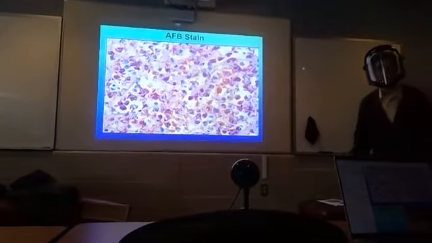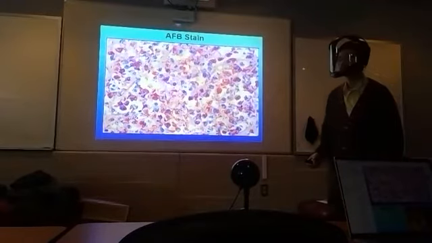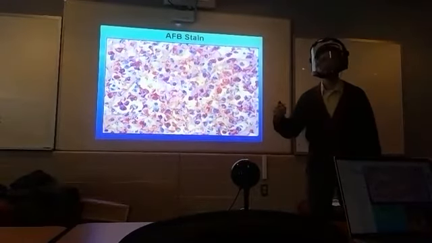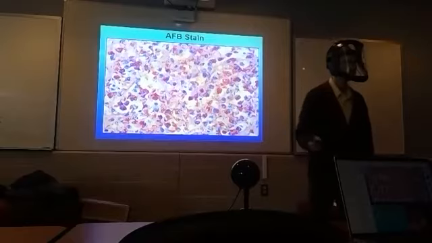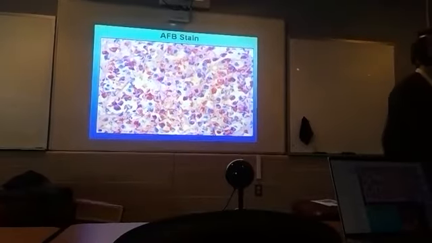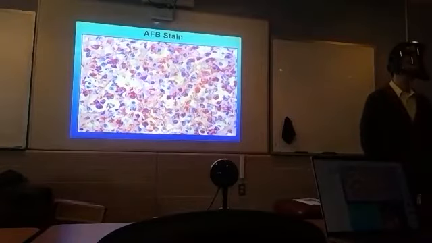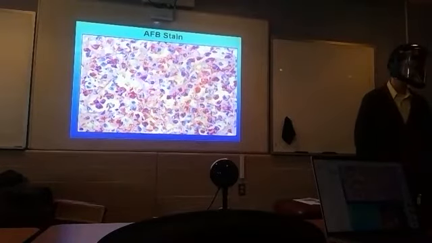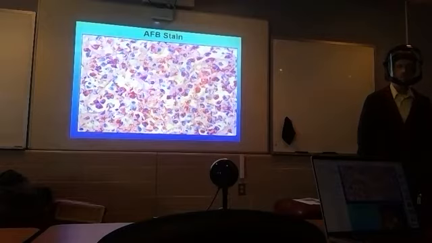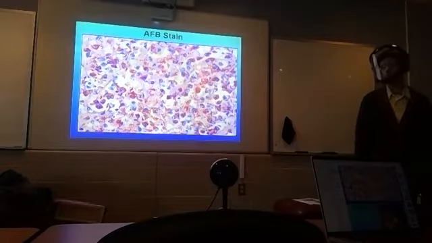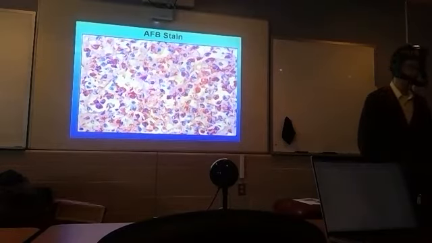It begins to proliferate. Initially, it's going to trigger an acute inflammatory response, but eventually that acute inflammatory response is going to turn into a caseating granulomatous inflammatory response. This organism is one of the few organisms that triggers a granulomatous inflammatory response.